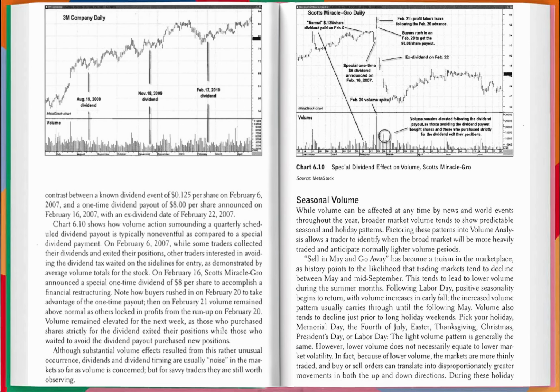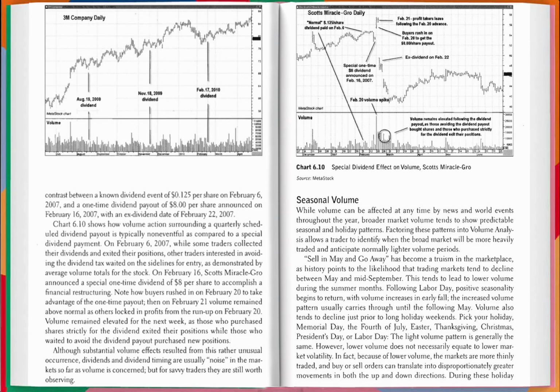Volume remained elevated for the next week, as those who purchased shares strictly for the dividend exited their positions while those who waited to avoid the dividend payout purchased new positions. Although substantial volume effects resulted from this rather unusual occurrence, dividends and dividend timing are usually noise in the market so far as volume is concerned. But for savvy traders, they are still worth observing.